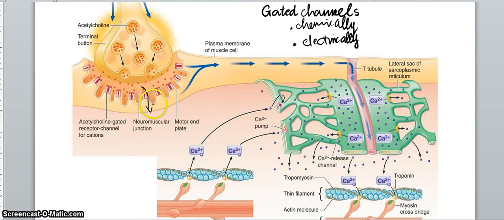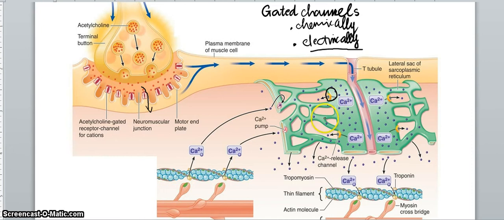That influx of sodium will cause an electrical change in the muscle cell. Specifically, the inside of the muscle cell becomes more positive relative to the outside. This change in the electrical environment will activate electrically gated channels, these calcium channels.